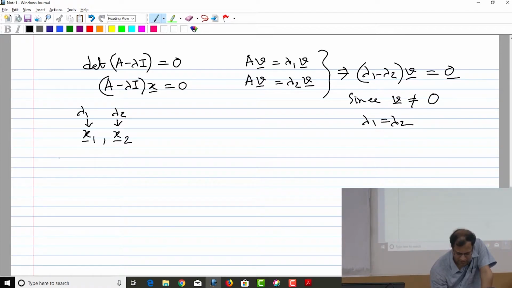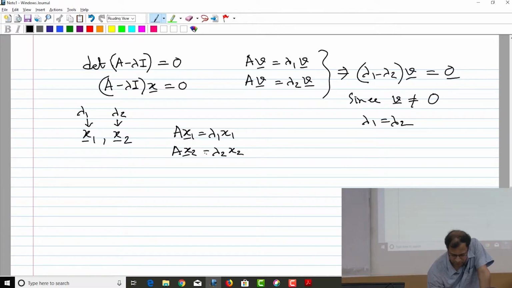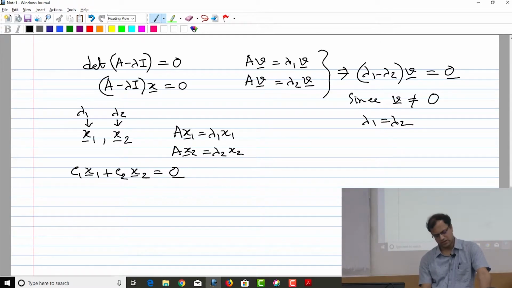So these are the eigenvectors. We have already A x1 equal to lambda 1 x1, A x2 equal to lambda 2 x2. So we take a linear combination, say c1 x1 plus c2 x2 equal to 0 vector. You somehow express this with respect to only x1 or only x2, and then you show that the coefficient vanishes.